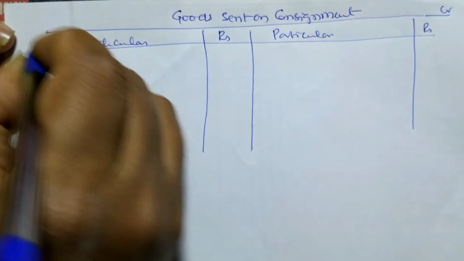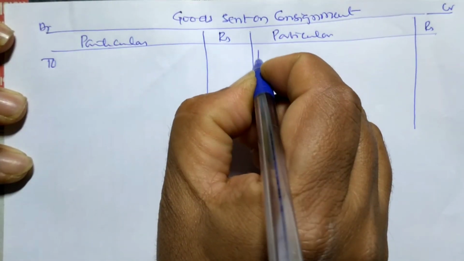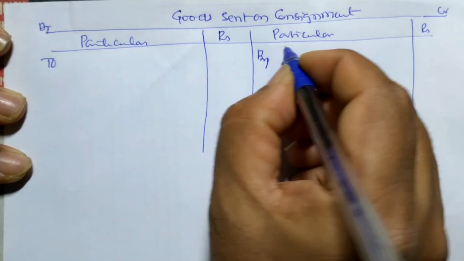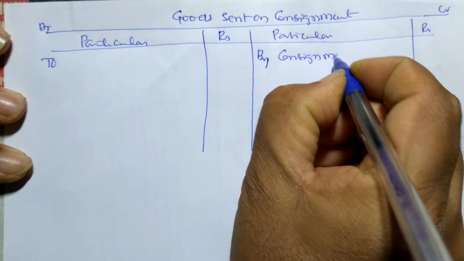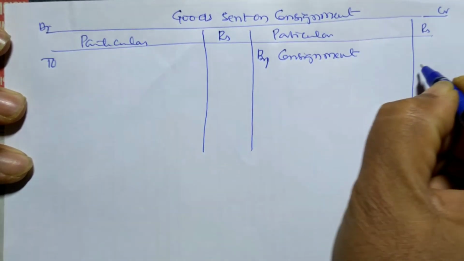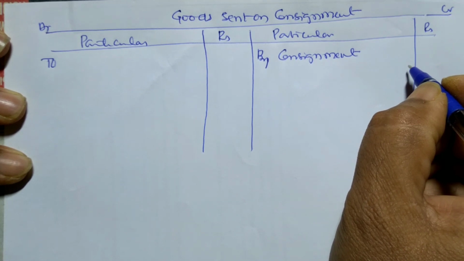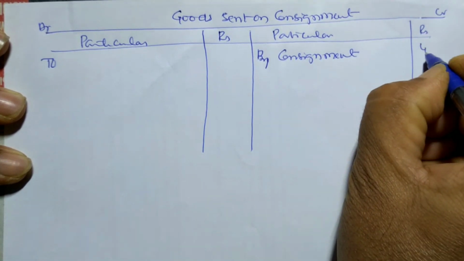This is credit. This account is also prepared with the help of the consignment account. In the consignment account, the first item is to goods sent on consignment. The same amount is credited in goods sent on consignment, rupees 40,000.